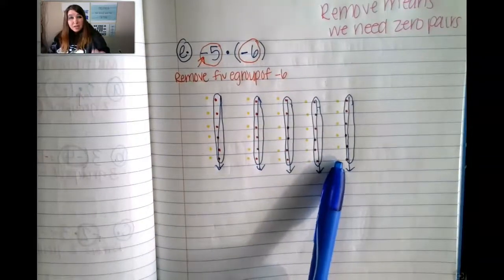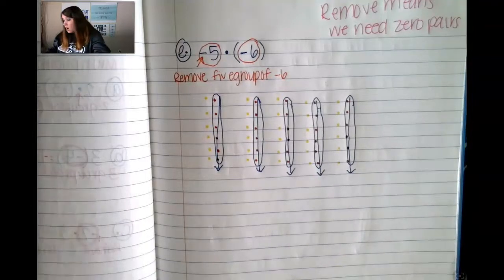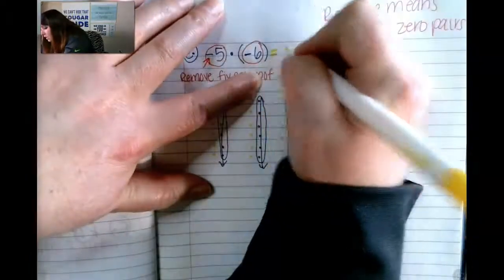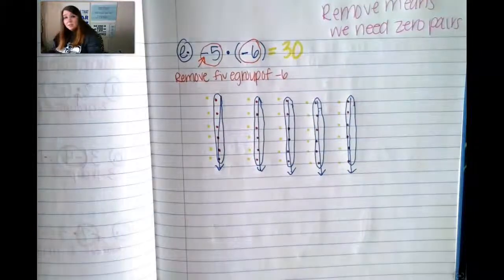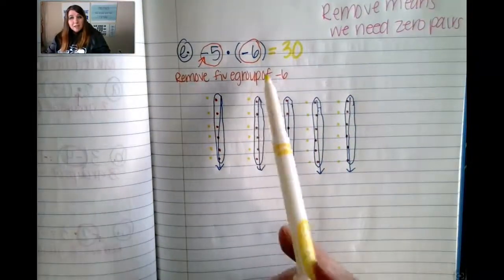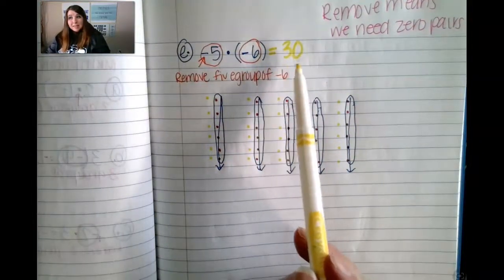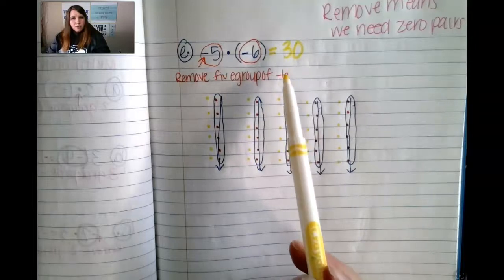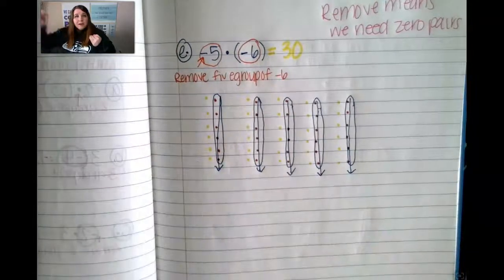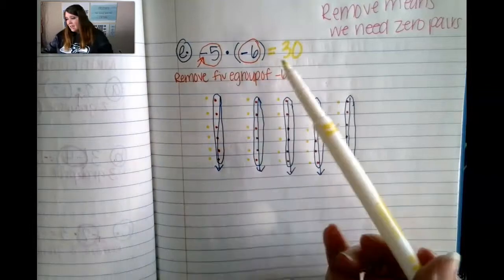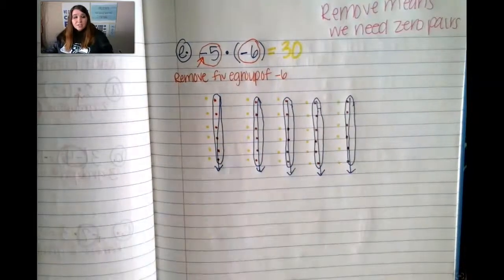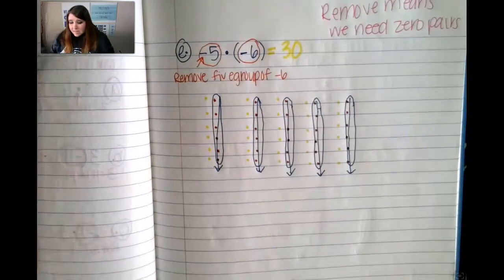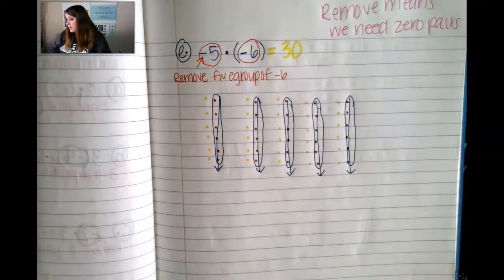I have 30 yellow chips, or I have 30 positives. So my -5 times my -6 gave me a +30. I'm removing negatives. I get positive. Kind of like in our last lesson of subtraction.